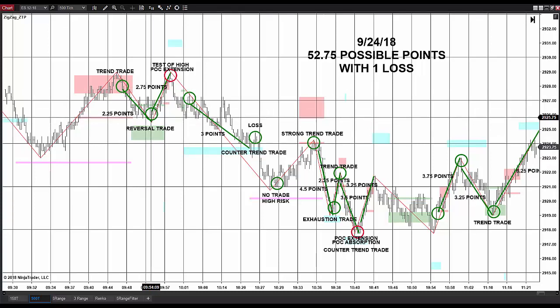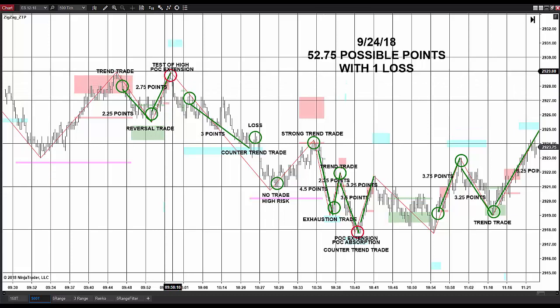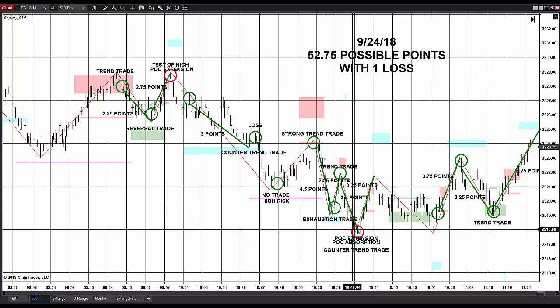The areas that are circled in green are where the pattern occurred in real time. If I have a circle in red, as I do up here, this represents a normal point of control extension and/or absorption pattern, and the combination of signals that I'm referring to did not occur there.